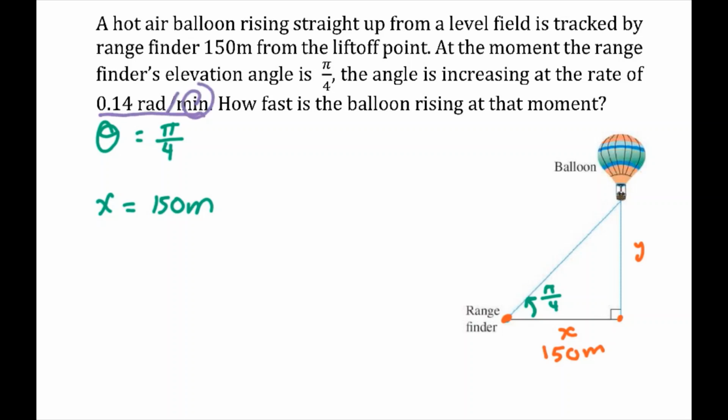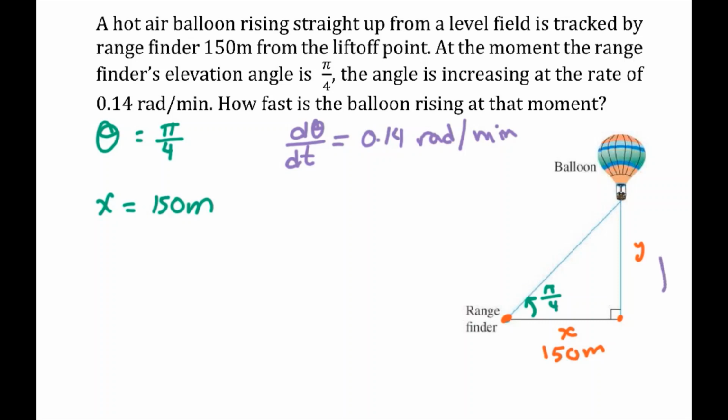So there is a change with respect to time. This we call d theta over dt. So d theta over dt means the change of the elevation angle with respect to time equals 0.14 radian per minute. So how fast is the balloon rising?